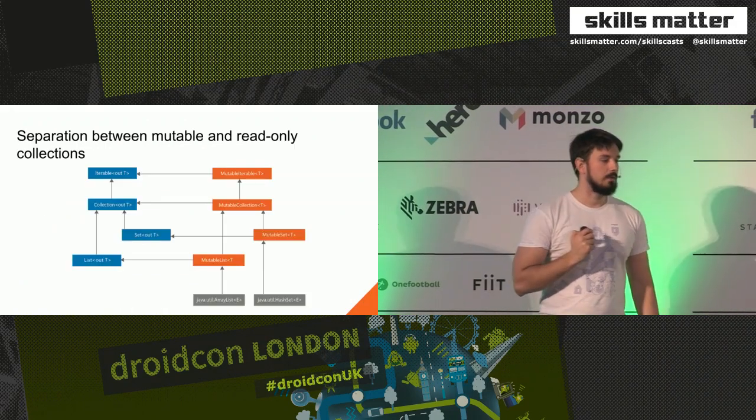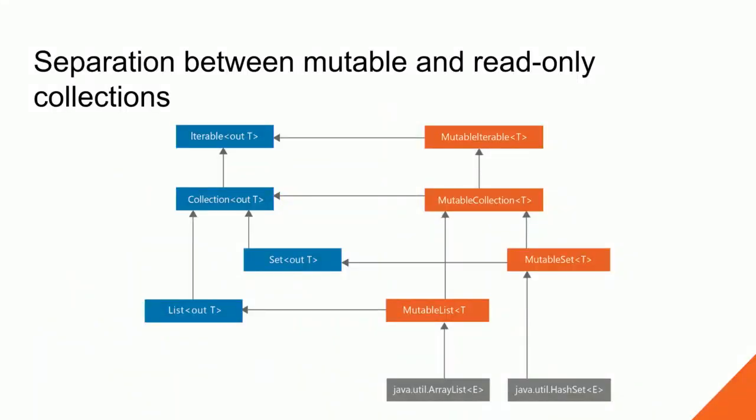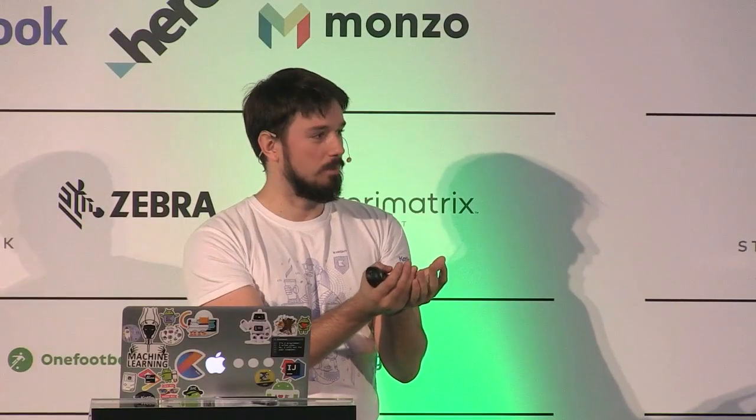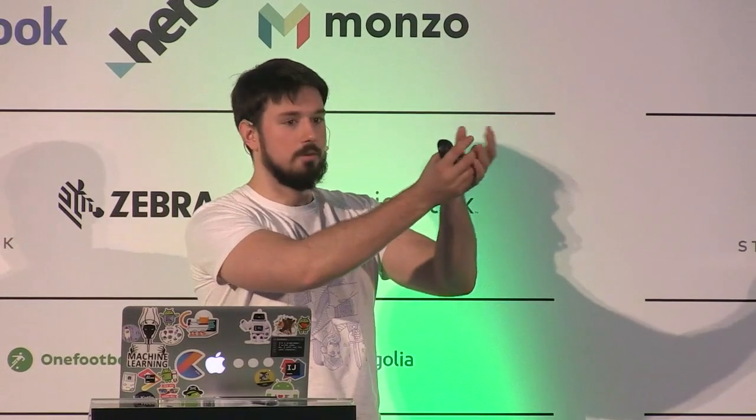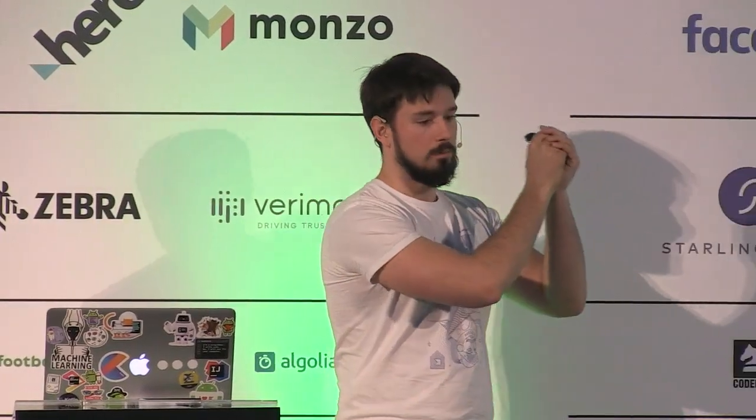Another mechanism is the distinction between read-only and mutable collections. And again, those are not immutable collections, immutable lists, because under the hood, pretty often, mutable lists are used. So the actual object is mutable, but it is hidden behind an interface that offers us only read-only access.